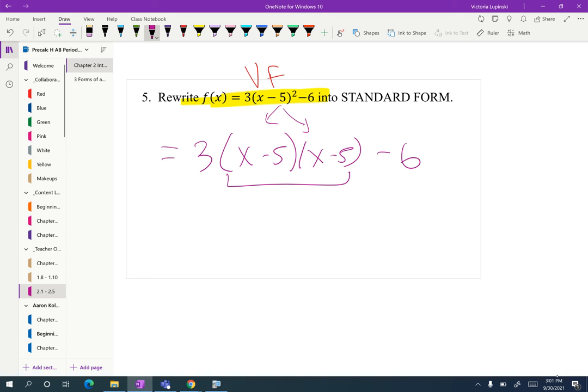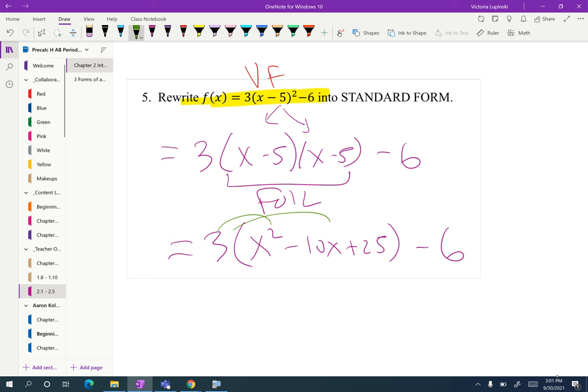I'm going to strongly suggest that you do this FOIL. So 3 times (x squared minus 10x plus 25). Then you're going to distribute the 3: 3x squared minus 30x plus 75.